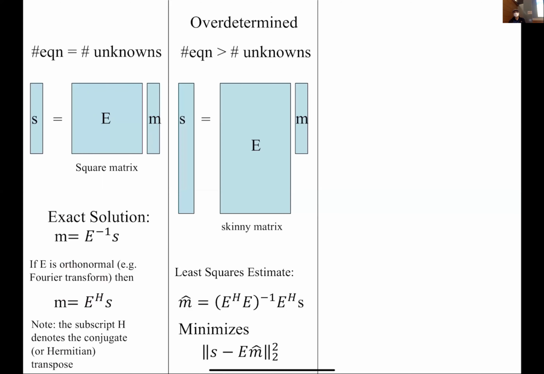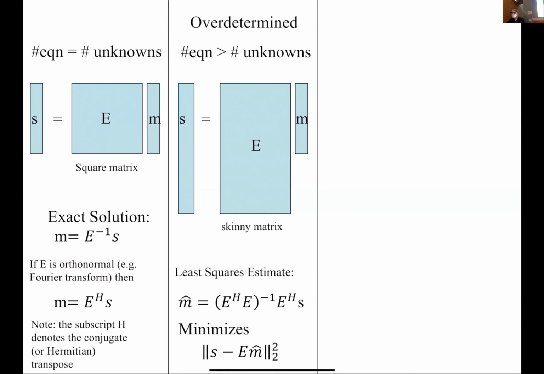What's the problem when you have too many equations? Is there a solution in general? No, there may not be a solution, because you can have two equations that contradict each other. So in this case, we're not going to be able to come up with an exact solution, but we'll come up with our quote best solution.